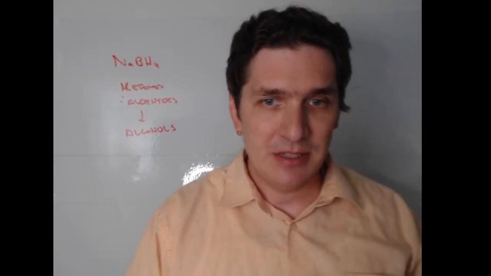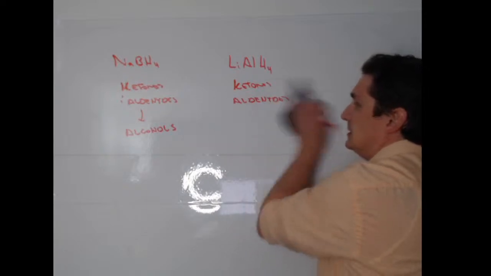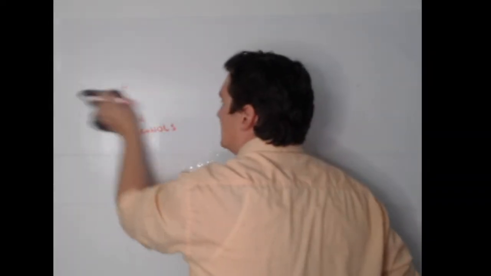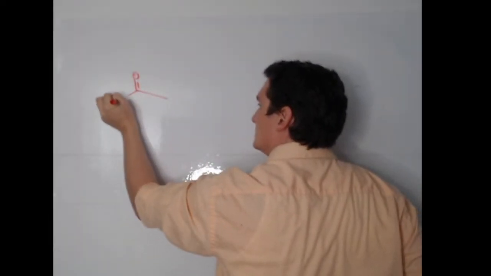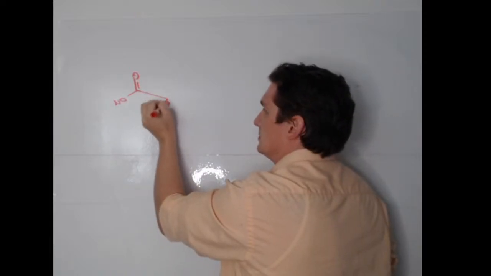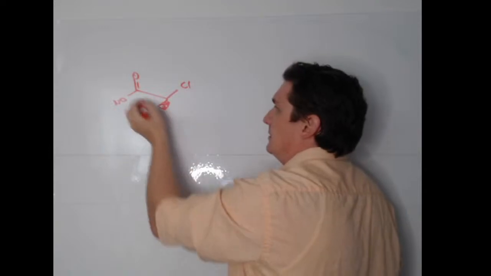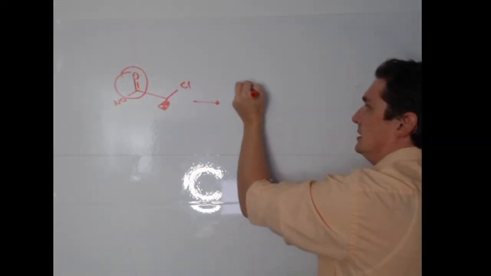Example page 3. Okay, so I'll get to that one in just a minute. As far as the first step for what it's showing you, all we're going to do is take our carboxylic acid here and convert it to an alcohol.